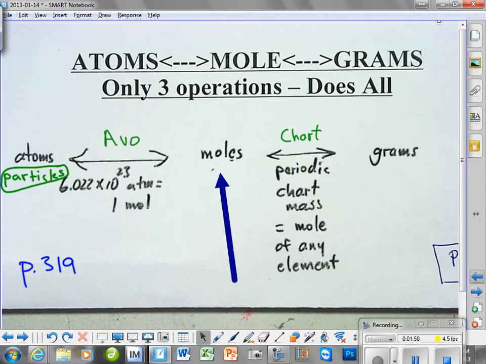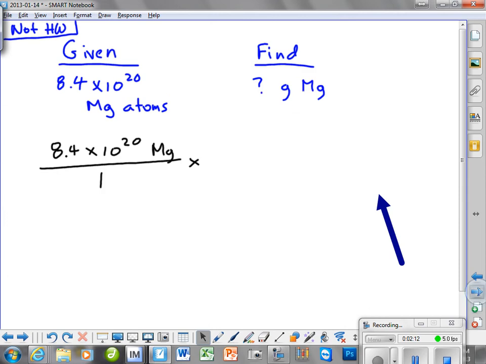So the next step is, since we're starting with atoms over here, we've got to use Avogadro's number to go to moles. And that's this equality. Now, since we're given atoms, the number 6.02 times 10 to the 23rd that matches atoms is going to have to go on the bottom of the next step.